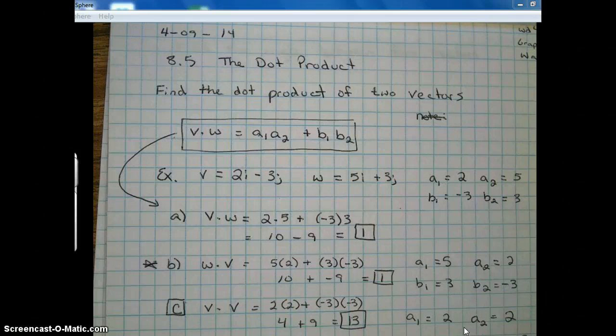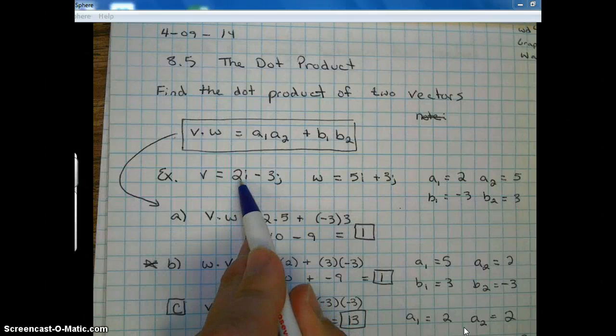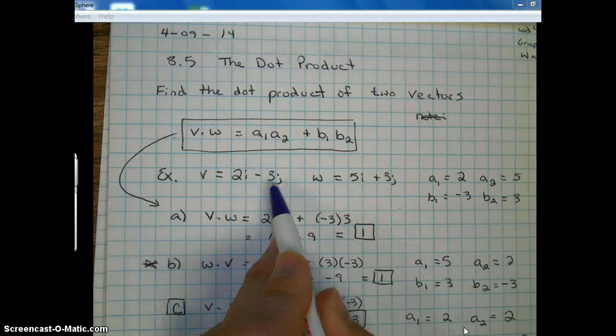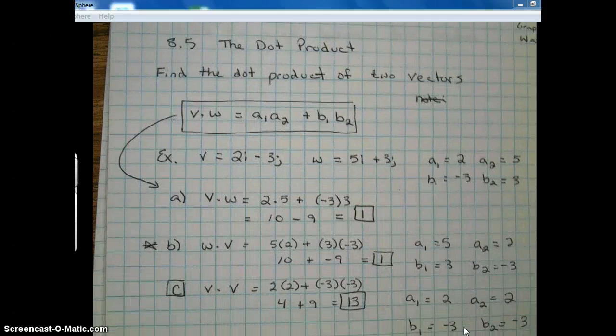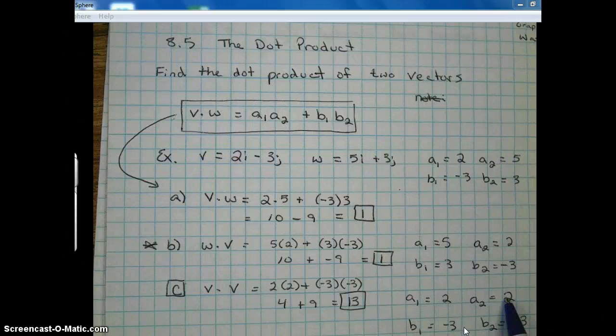Okay, next one. Take vector v times itself. So we're going to use 2 as a1 and a2, and we're going to use negative 3 as b1 and b2. So here's a1 and a2, same number, b1 and b2, same number.